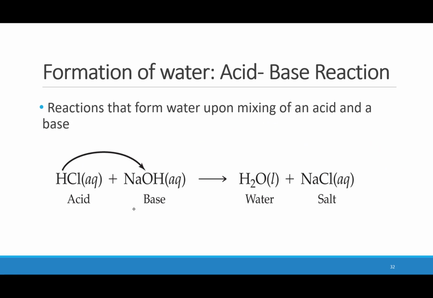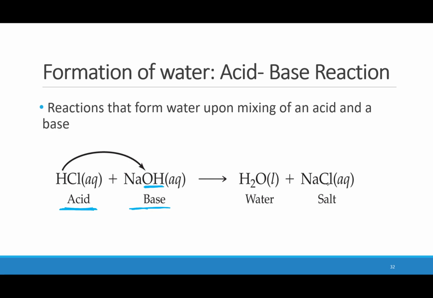Now, let's talk about acid-base reaction, which was the second reaction on that list. Then when we have an acid, hydrochloric acid is an acid, reacts with the base, okay? Then when you have OH at the end of a chemical formula, that's a base. It produces liquid water and sodium chloride. Just know that.